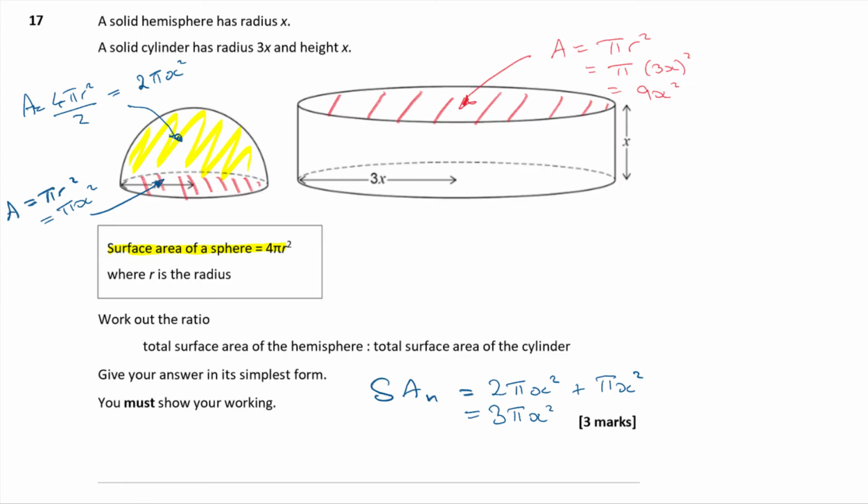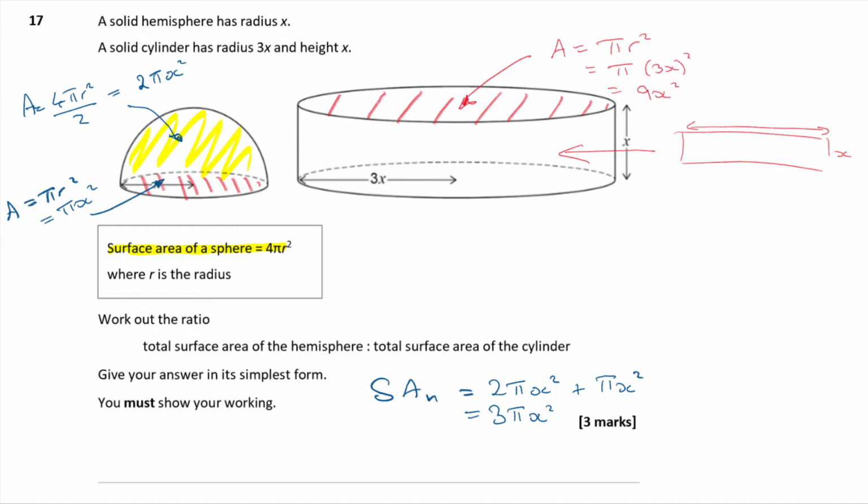Now the curved part, this bit here, is just a rectangle, isn't it? It's a long rectangle. It's going to have a height of x, and it's going to have a length which is equal to the circumference of the original circle.